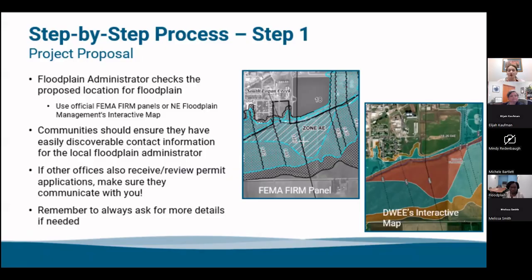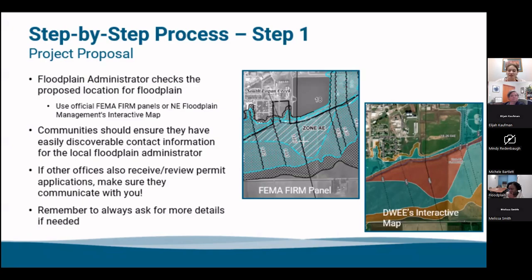And also, if you have other offices within your community that also receive or renew permit applications for any kind of permits, building, zoning, that sort of thing, you want to make sure that they are communicating with you so that they're aware that people do need these floodplain permits and that if they ever get any information or questions about that, those should go to you. And it's very, very helpful when everybody is on the same page since floodplain can often be overlooked.